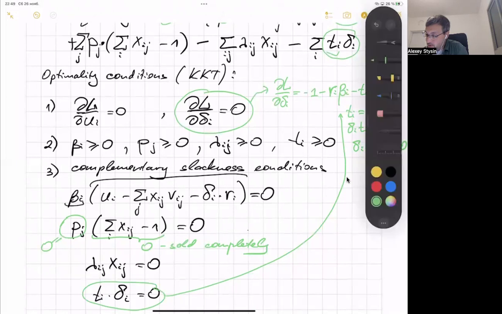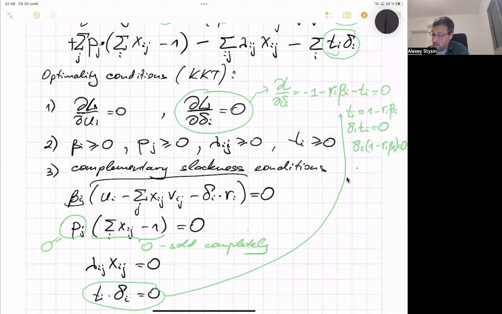And from here, we actually get an important thing. Remember, this thing is to be interpreted as the remaining budget, which is going to happen a little bit later. And this thing says that either the remaining budget is 0. In this case, delta I equals to 0.